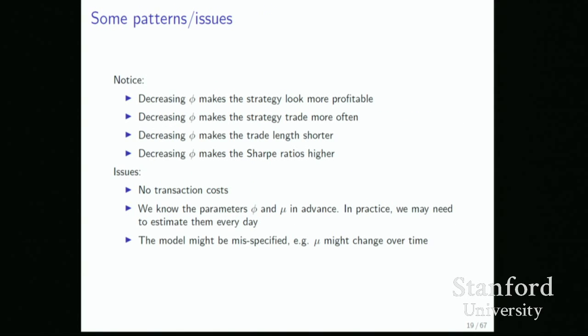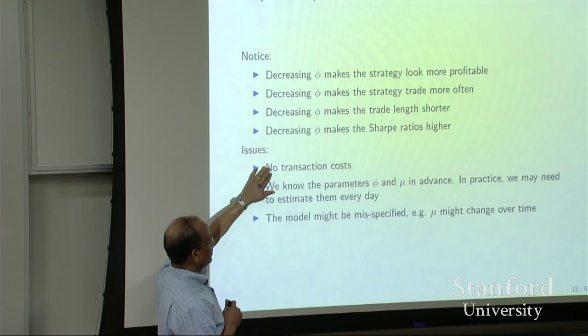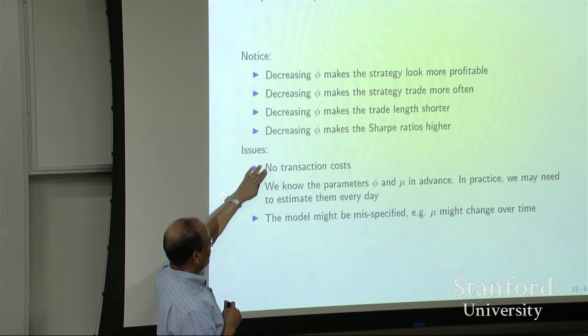Okay, so this is what I'm summarizing here. Decreasing pi makes a strategy look more profitable, which is not true in practice, and increasing pi is probably the more useful one. And we have included transaction cost. I think this line is not correct.